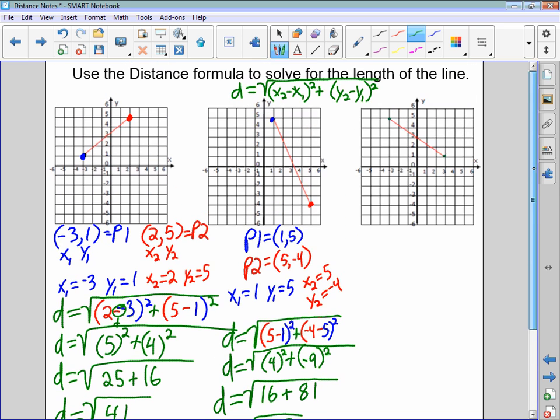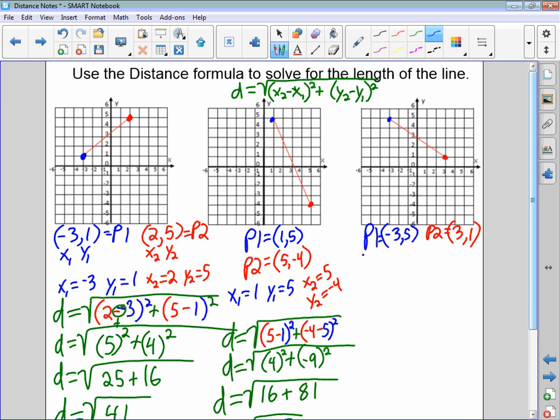Scroll back up, take a look at our last problem. We have point 1 right here at negative 3, 5, and point 2 right here at 3, 1.